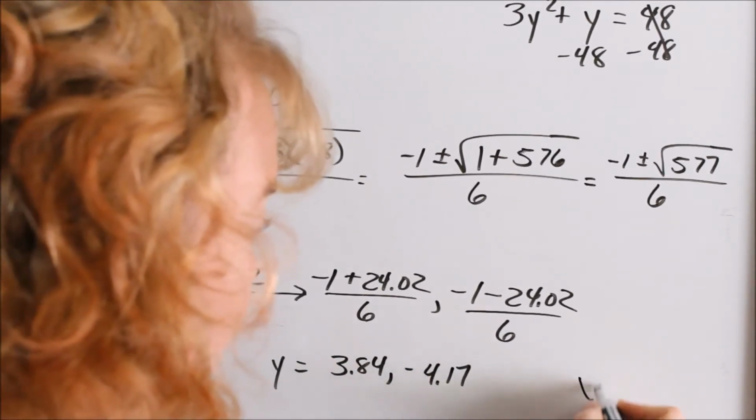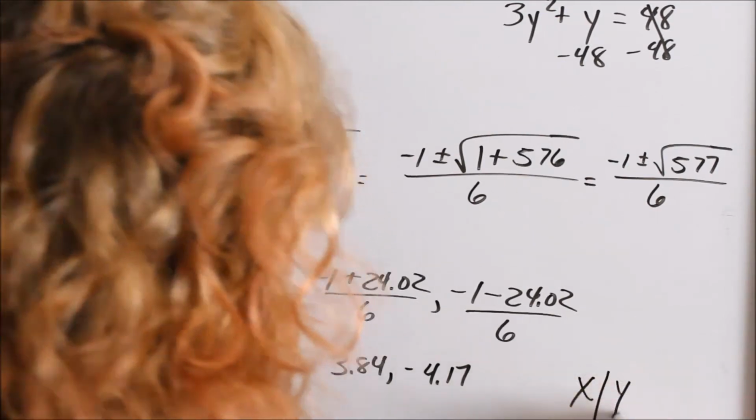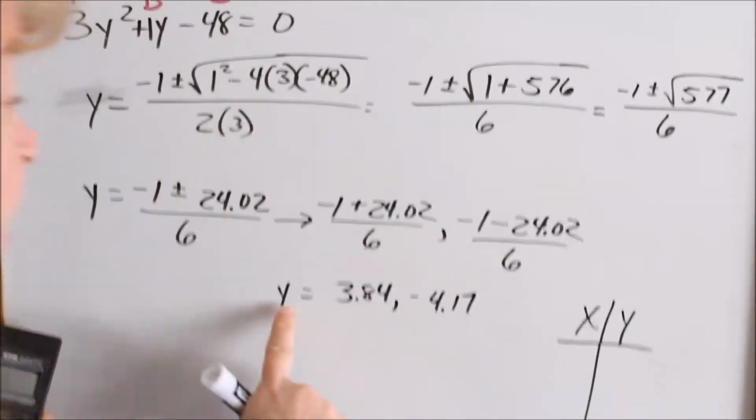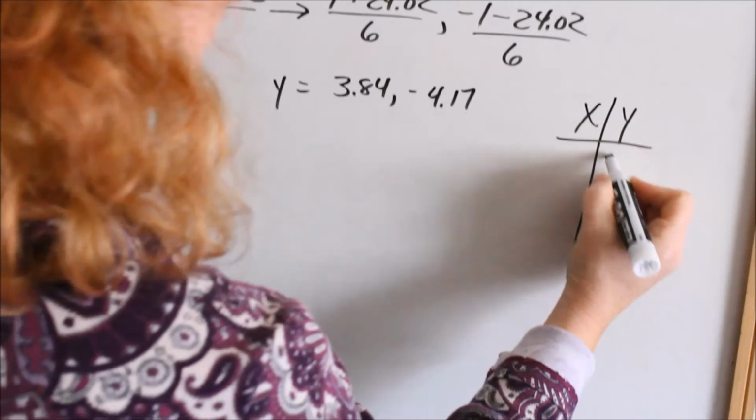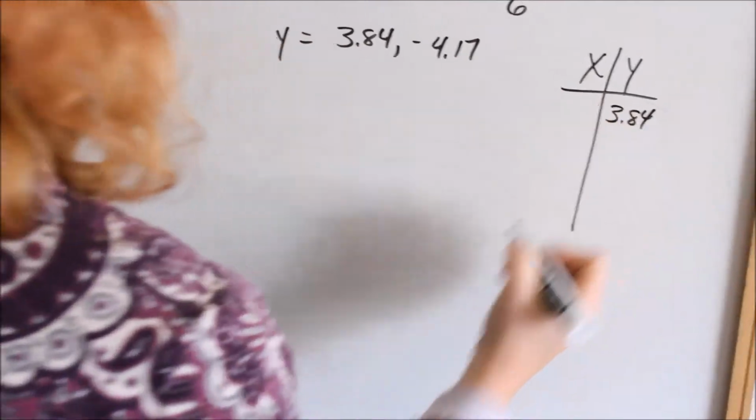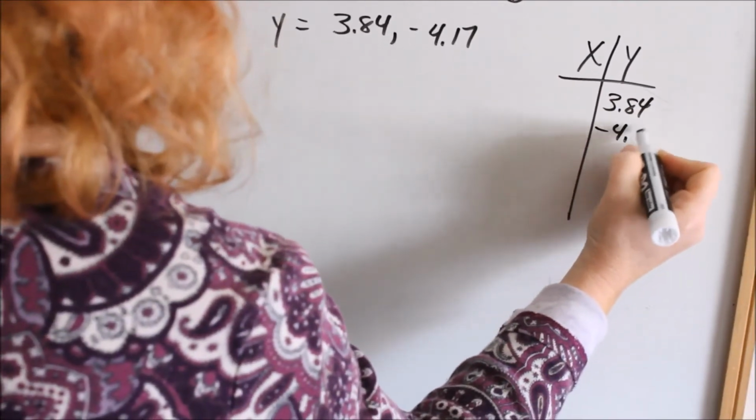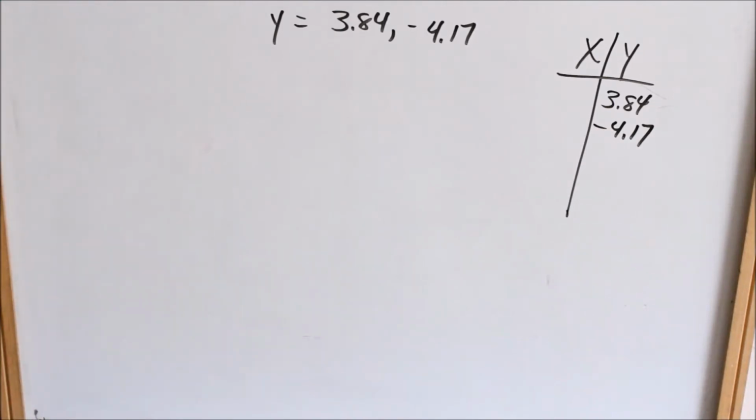Okay, so if you made yourself a little XY chart, which I recommend you do, these are y values. You have a y value of 3.84, then you have a y value of negative 4.17. Now we've got to calculate our x coordinate for those y values. How do we do that? We go back to one of the original equations.